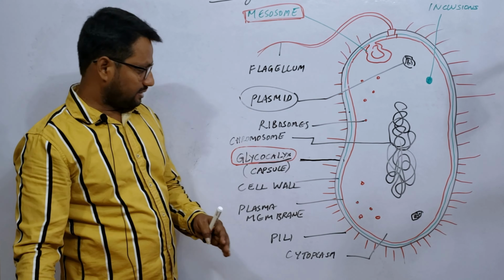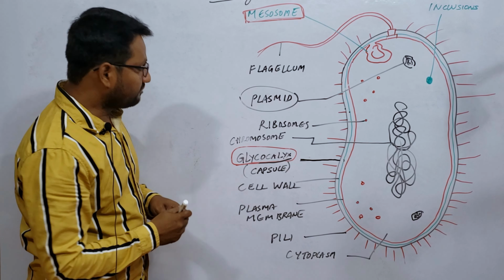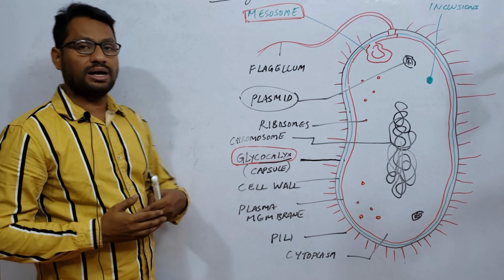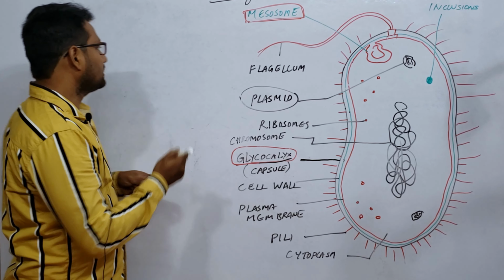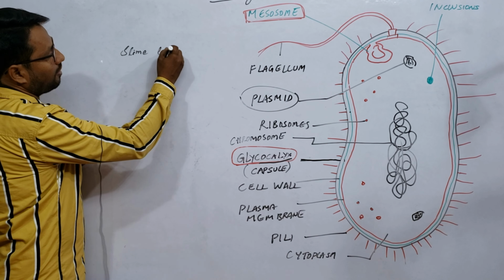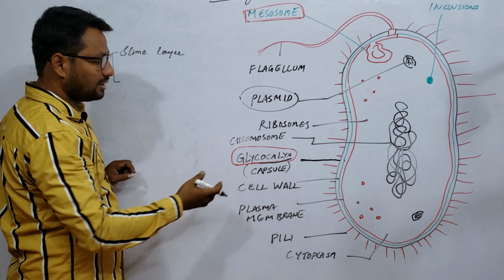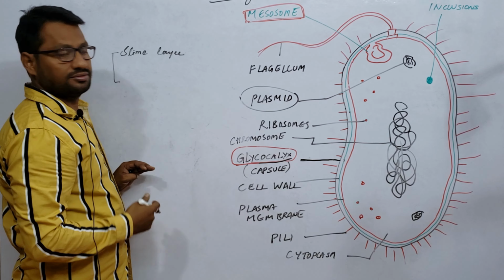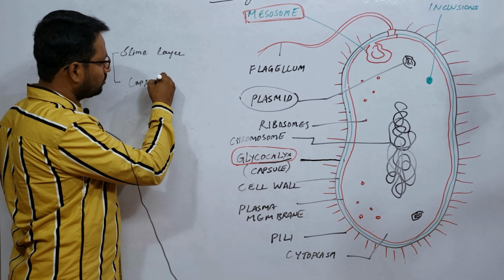In certain bacteria, the composition of the cell envelope differs. Like in a few bacteria it is a loose sheath, where it is called a slime layer, and in certain bacteria it is thick and tough, where it is called a capsule.